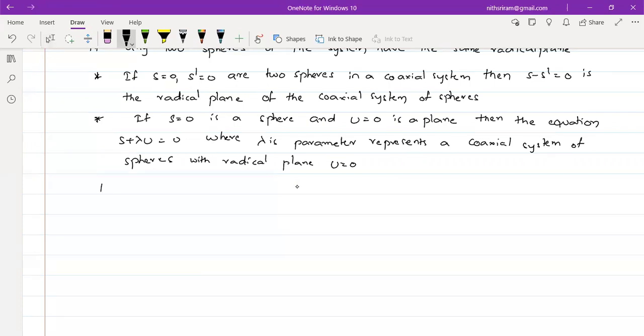this is a very, very important point, that is limiting points.